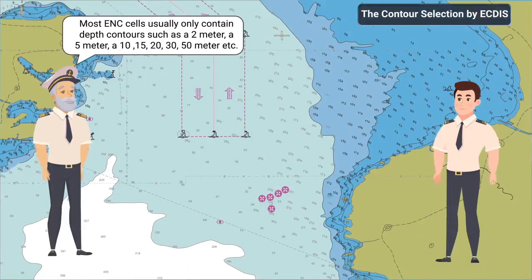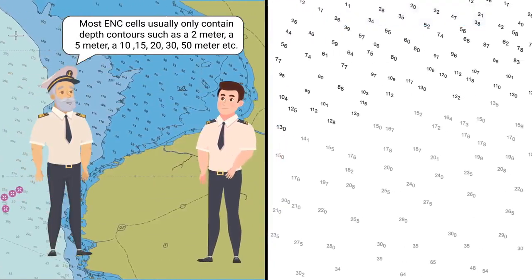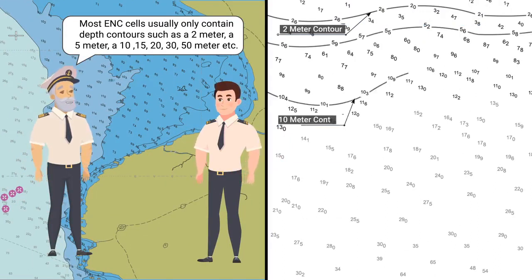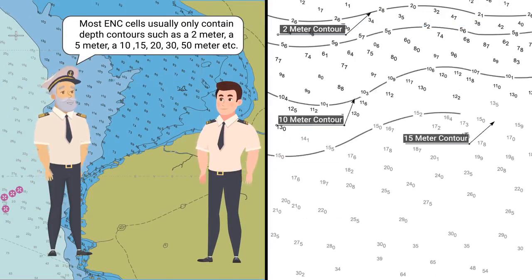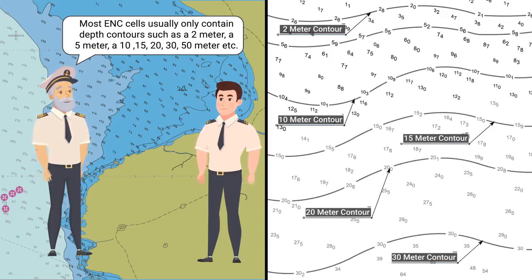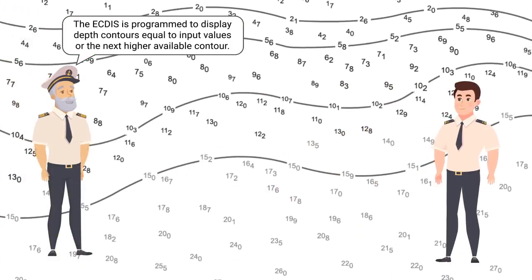Most ENC cells usually only contain depth contours such as a 2 meter, a 5 meter, a 10, 15, 20, 30, 50 meter, etc. The ECDIS is programmed to display depth contours equal to input values or the next higher available contour.